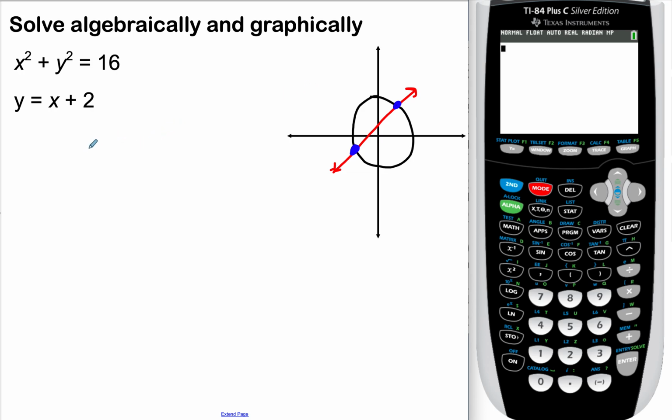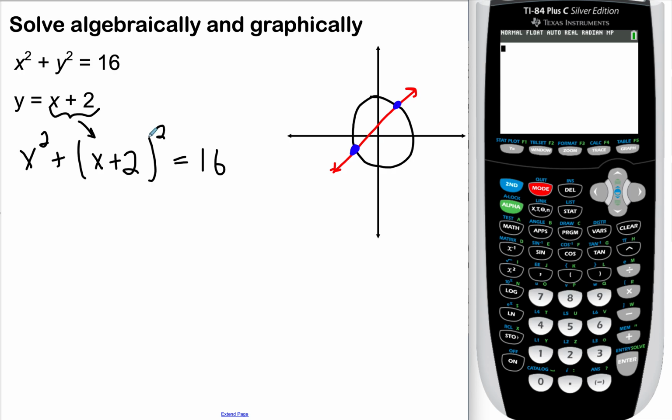So I'll start by solving this algebraically. And remember, the method that we're going to use is substitution. So y is equal to x plus 2. Notice I have x squared plus y squared is 16. I'm going to keep my x squared, but since y is really x plus 2, instead of y squared, I'm going to plug in x plus 2 for y.